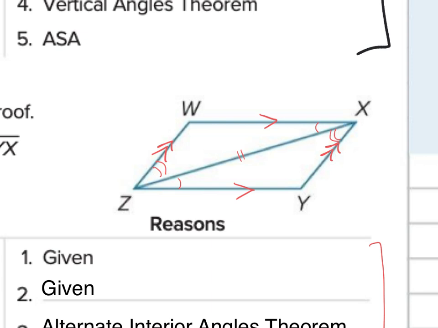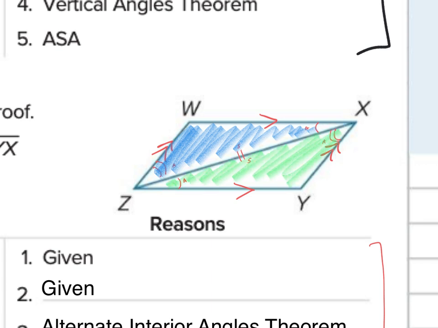Now when I look at this, I have an angle, a side, and an angle, and then an angle, a side, and an angle. That is angle side angle from one triangle congruent to the angle side angle of another triangle, and therefore this triangle is congruent to this triangle. So again, we're using those definitions of information that we've learned.